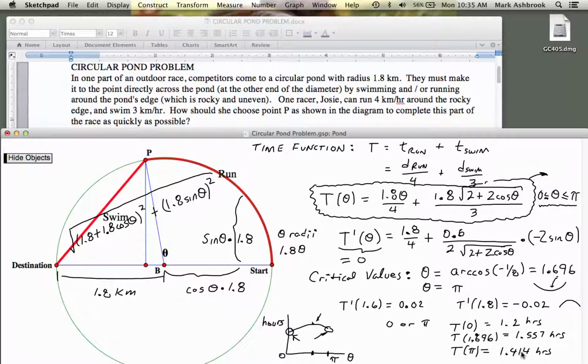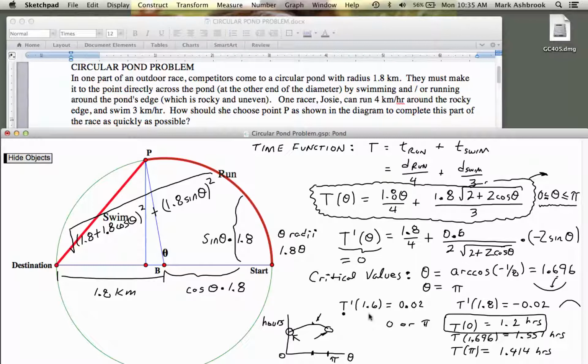And so looking at these three values, we see that the local minimum occurs at an angle of 0 with a time of 1.2 hours, all swimming. She should just avoid running at all and just swim straight across. And that will be her least amount of time to complete this part of the race.